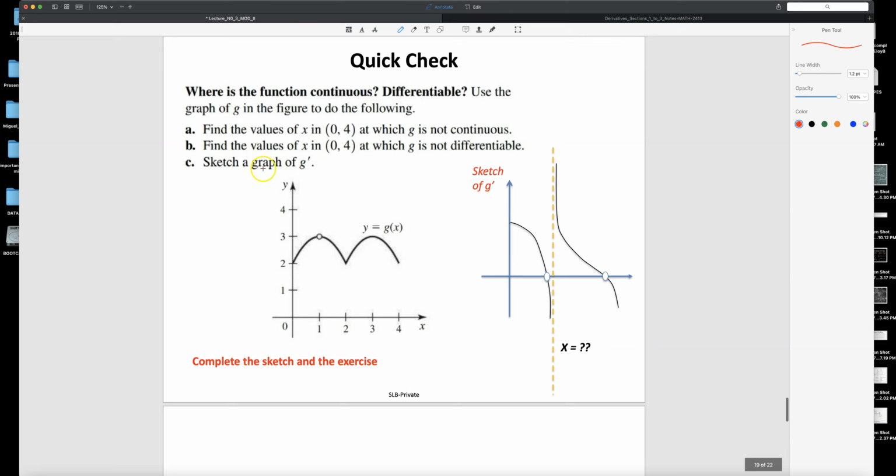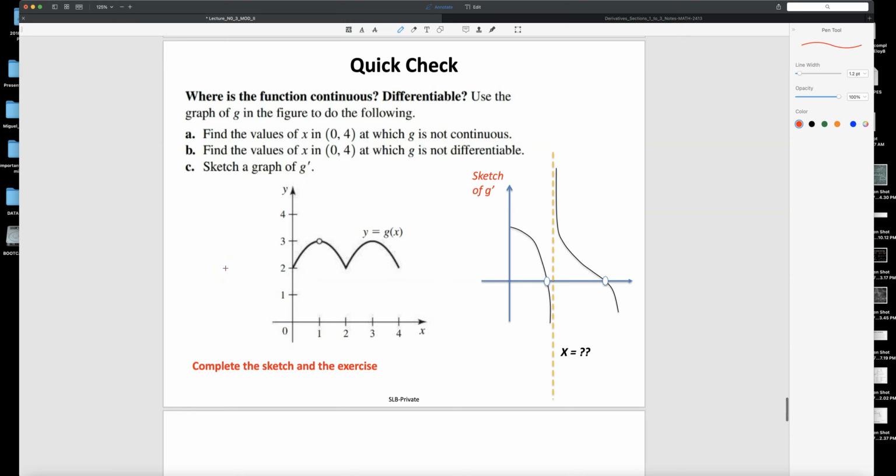Perfect. This is just an example you're going to find in your homework exercise like this, in which you are given the graph of some particular function, and then you need to define in which part of the domain the function is continuous, and in which part of the domain the function has a derivative function.